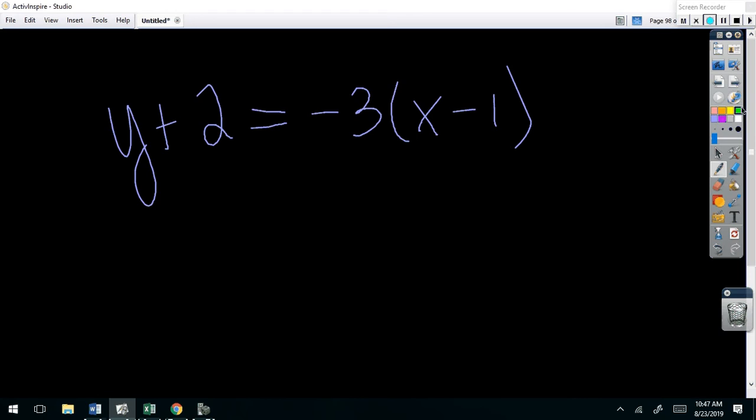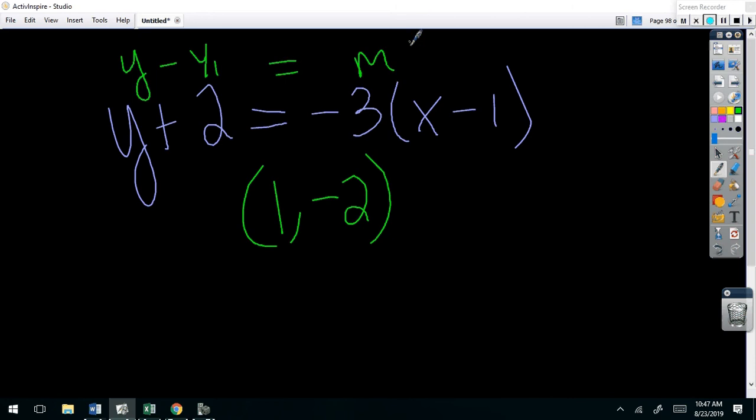So remember that it's the opposite sign of what you would think, right? Because the form is y minus y1, slope times x minus x1. So to force this to be a minus, then it would have to be y minus -2, right? Or you can just think opposite sign on those. Does that make sense?